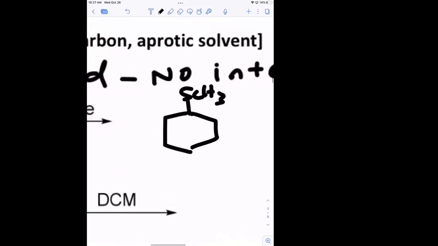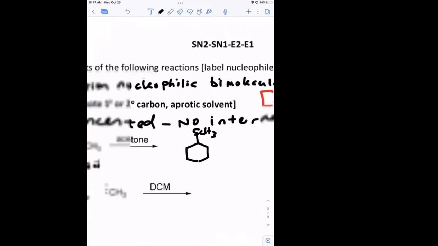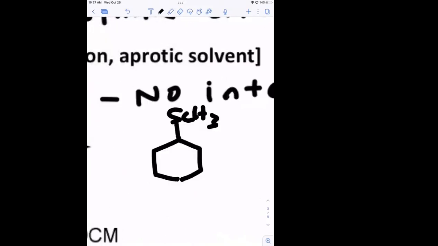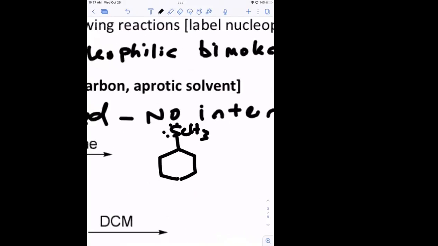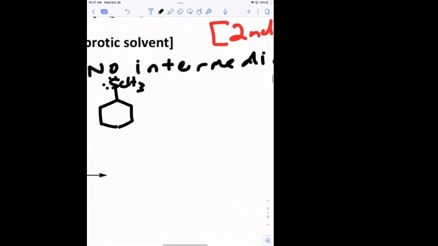That's one of the products. And then what else? Did bromine disappear? No, it's still in solution. So we're going to put that in, plus Br minus.